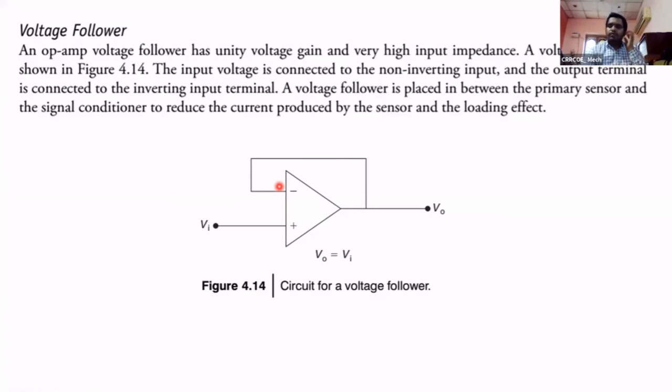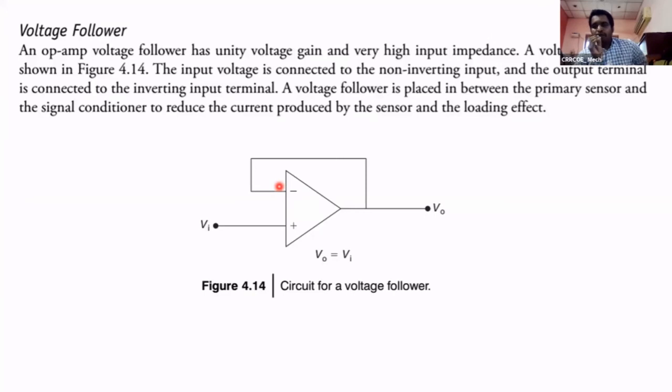Why are we using this voltage follower? Already I told you at the beginning of signal conditioning, one of the important operations in signal processing is isolation. We need to isolate the primary sensing element from the circuit.